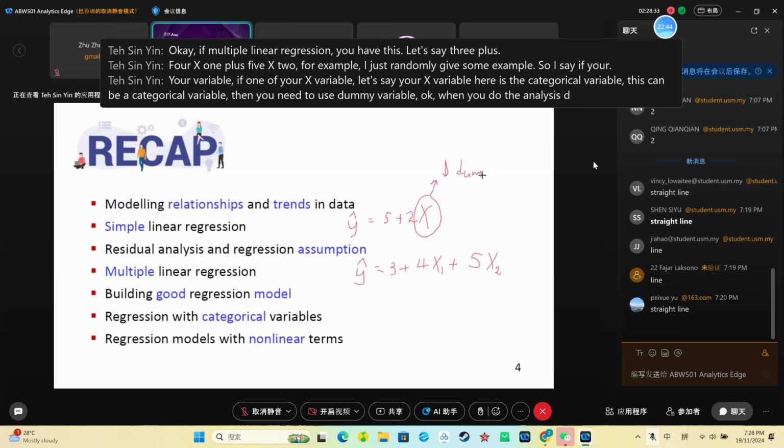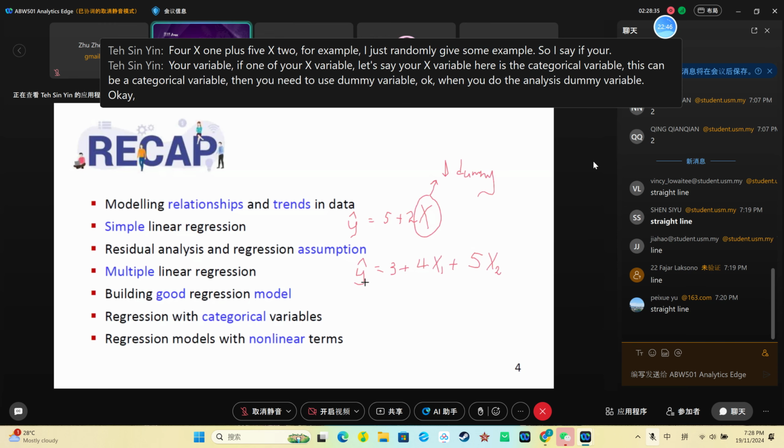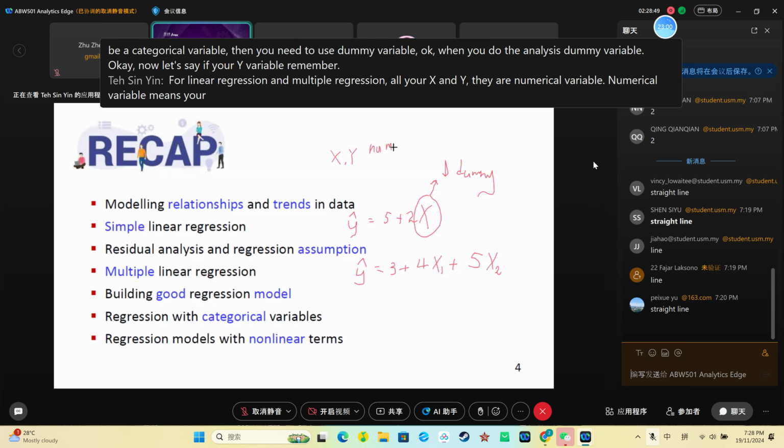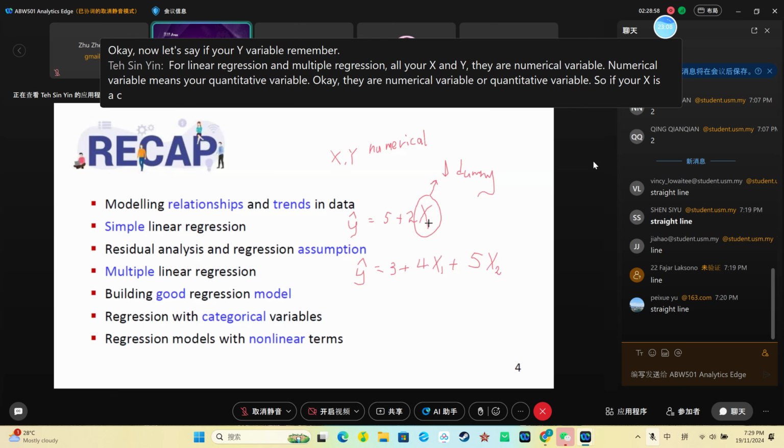Remember, for linear regression and multiple regression, all your x and y are numerical variables, meaning quantitative variables. So if your x is a categorical variable, you need to use a dummy variable to replace it.